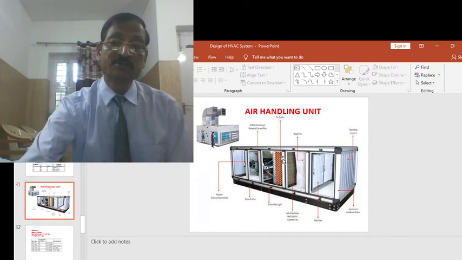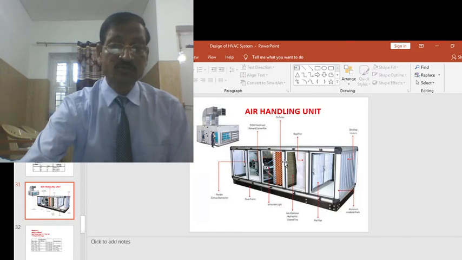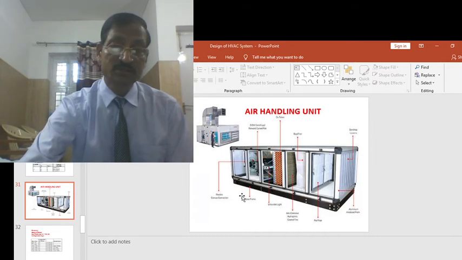For example, in case of treated fresh air, we normally use this 6 row and 8 row coil. In case of normal air conditioning, this is a 4 row coil. They are the blowers. The blower sucks the air through this cooling coil and the air gets cooled and then supplied through the duct to the load center.